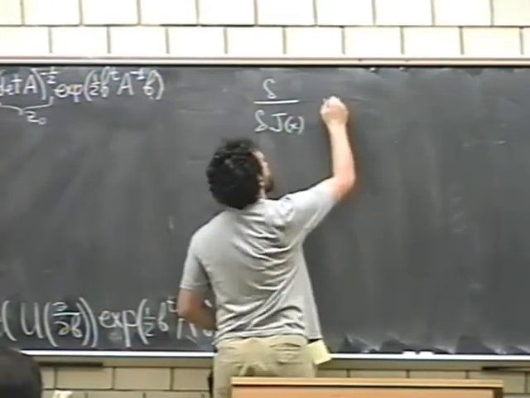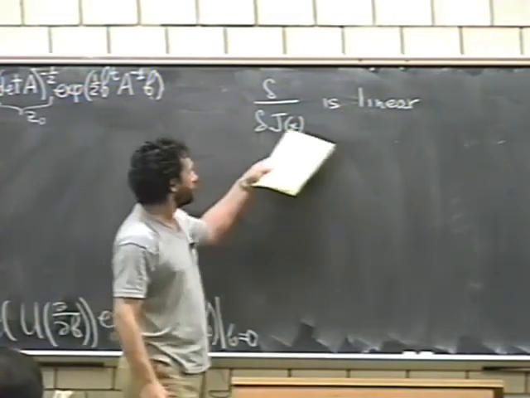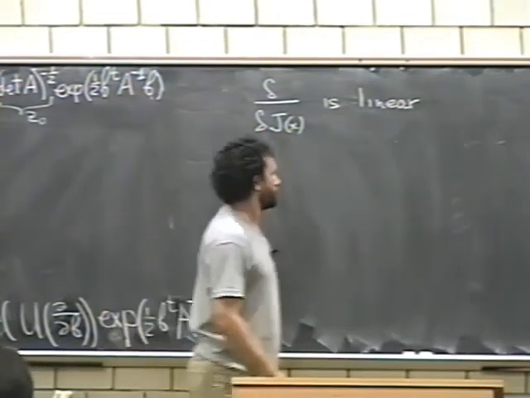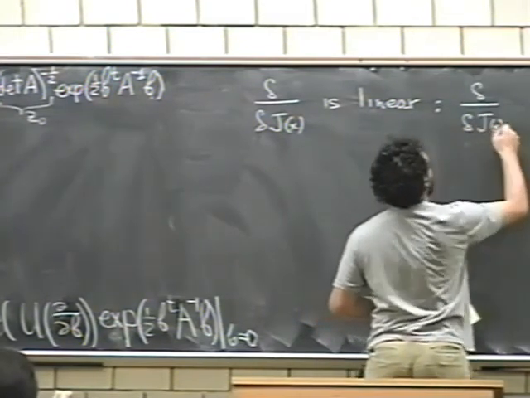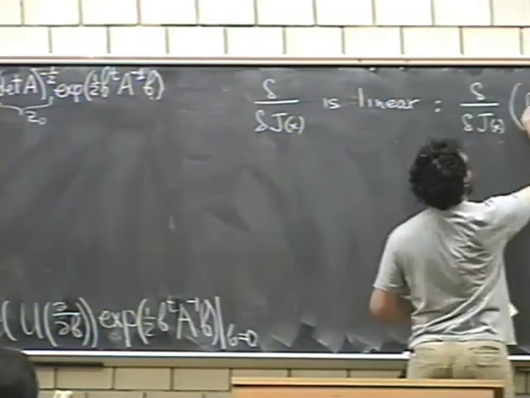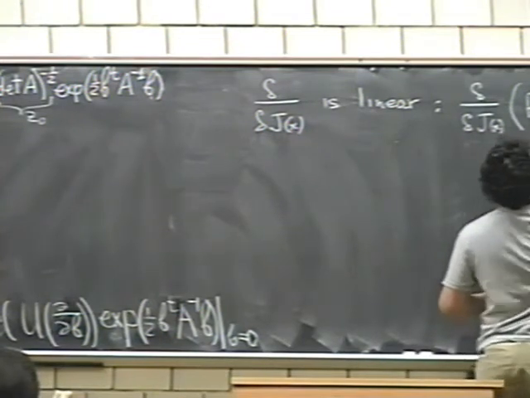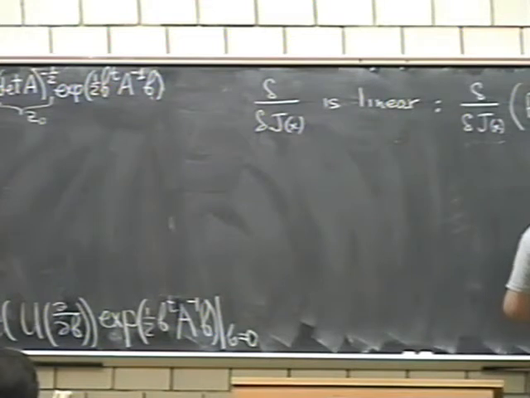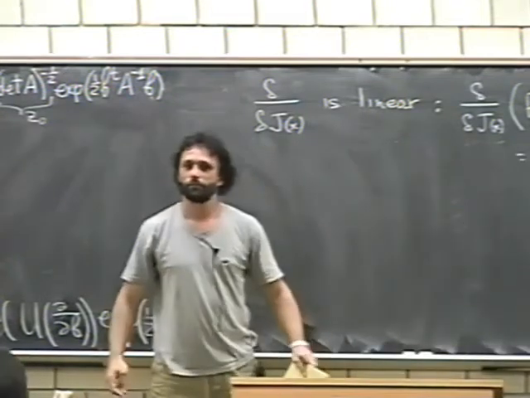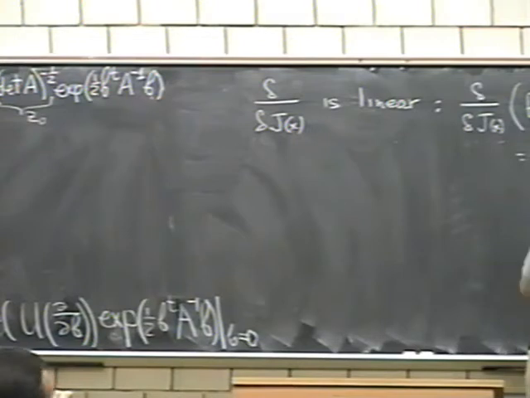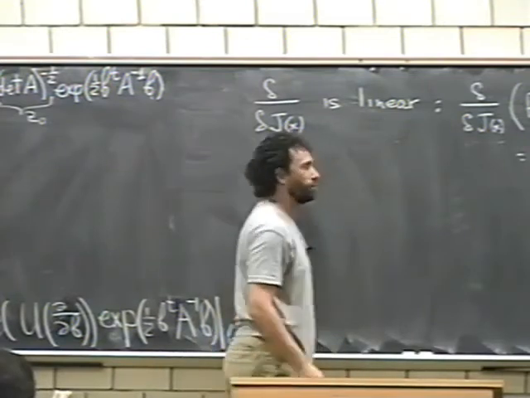Okay, so d/dJ(x) is linear, which means that if I apply it to a sum of two functions, it is the usual sum.